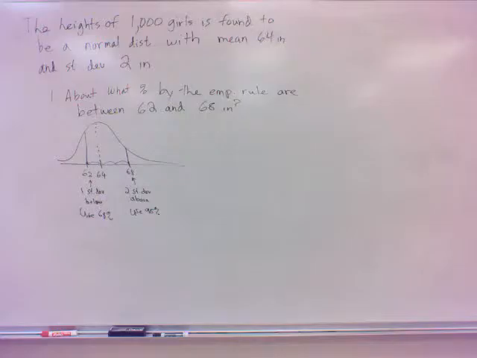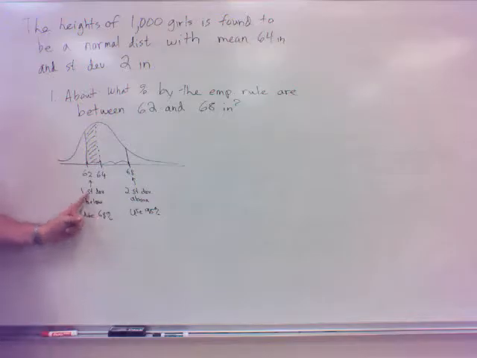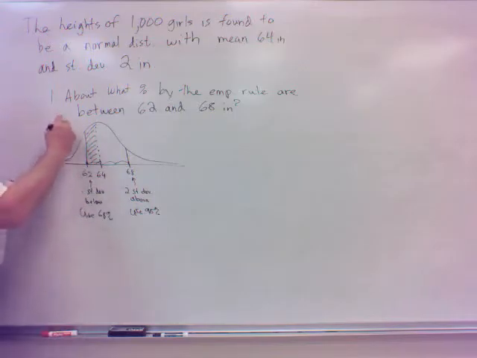Now do you see what I need to do? 68% is from one below to one above, but I only want one below, so I'm going to take half of the 68, which is 34.